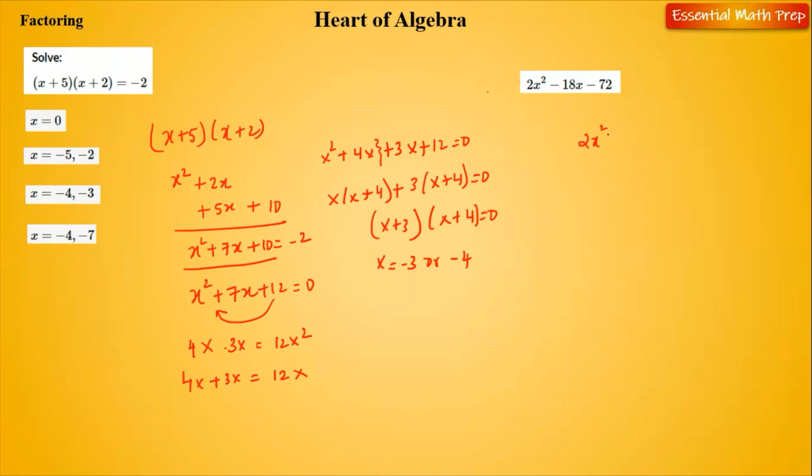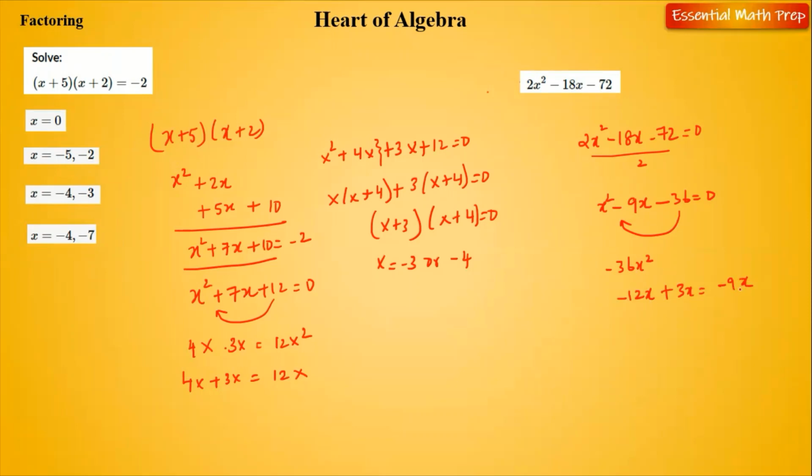When you have a problem like this, you could do 72 times 2. Well, why? You can reduce it further. If you divide the whole thing by 2, then it reduces to x squared minus 9x minus 36 equals 0. Now we can work with negative 36x squared is what you want, but you also have to have negative 9x. So that means if you do negative 12x plus 3x, then you get negative 9x, and when you multiply these you get negative 36x squared.